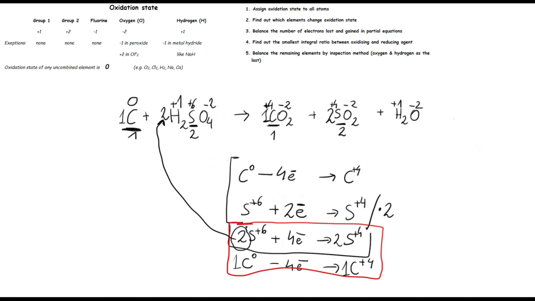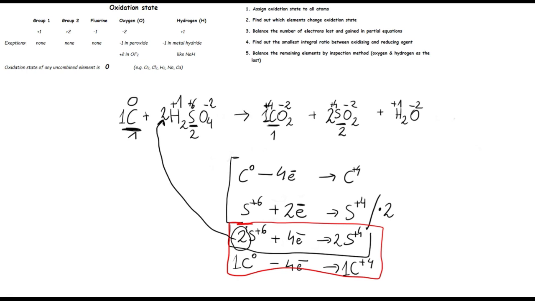We have 2 atoms of sulfur on that side and 2 atoms of sulfur on this side. That's correct as well. Now we calculate the oxygen and hydrogen last. So oxygen, we have 8 oxygen atoms on the left side. On this side we have 2 plus 4 is 6, 7. So 1 is missing on that side.